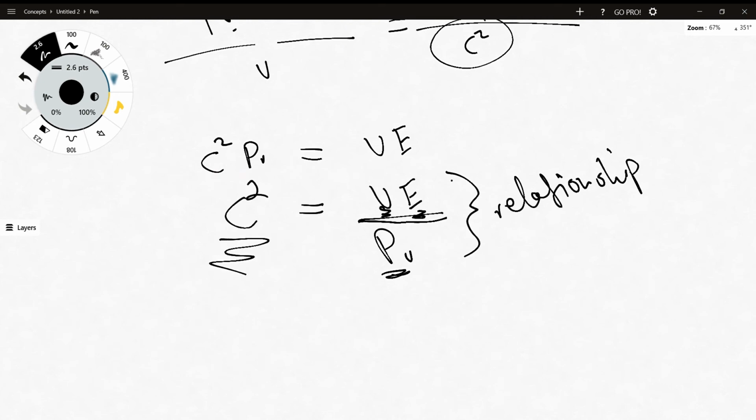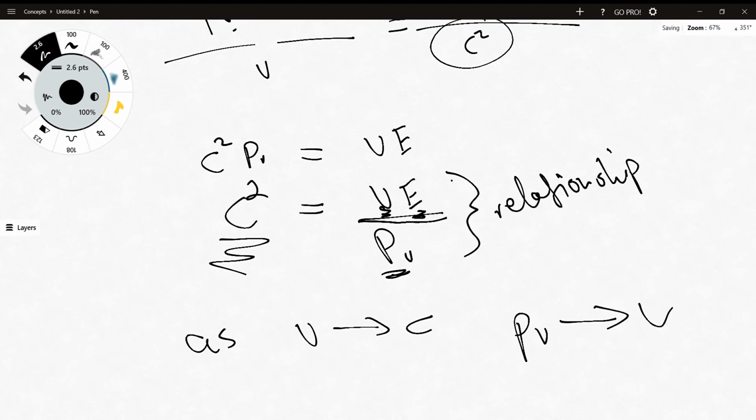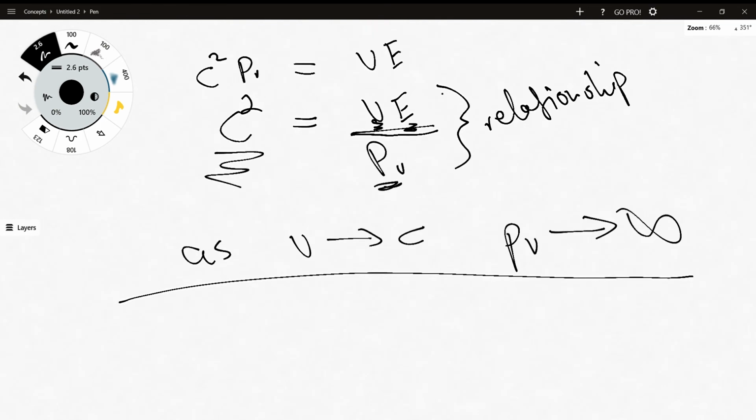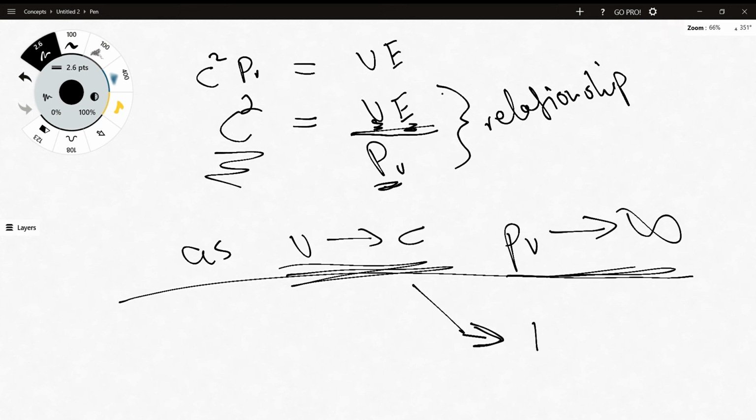And as we know, as V approaches C, PV approaches infinity. Right? And we also know from this exact same observation, as V approaches C, energy approaches infinity.